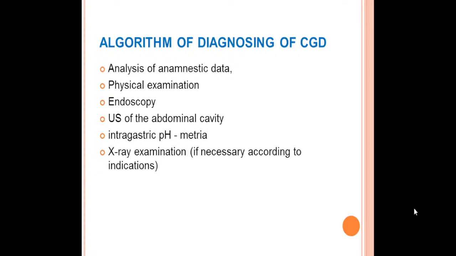In physical examination, begin with superficial palpation of the abdomen. During superficial palpation, in the period of exacerbation, there may be pain in the epigastrium, around the umbilicus, in the right hypochondrium, or the whole epigastric region.